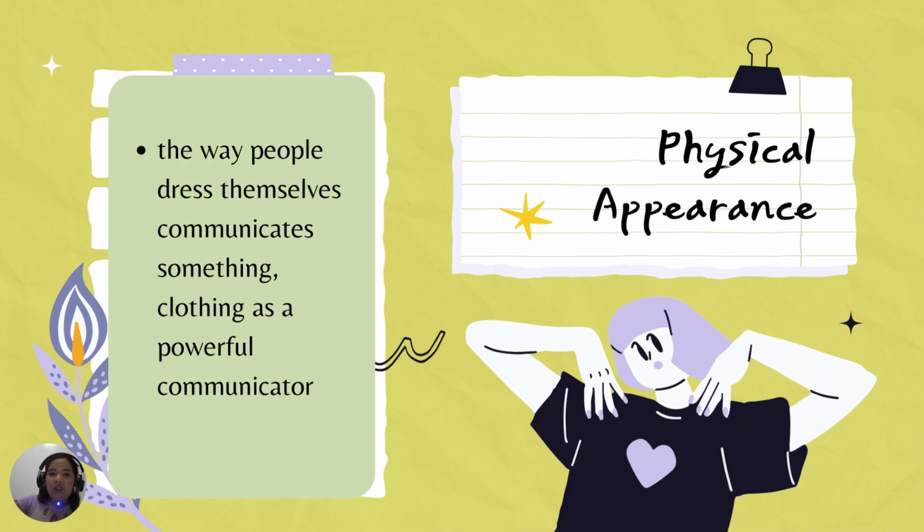Next one is the physical appearance. Physical appearance is basically how people dress themselves and communicate something, clothing as a powerful communicator. The difference with objectics is that objectics is more about objects themselves. However, dress can be an object also, but in physical appearance they are very particular about your costume itself.